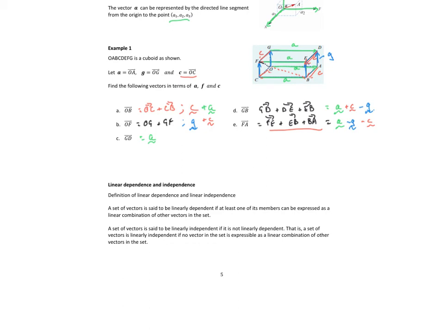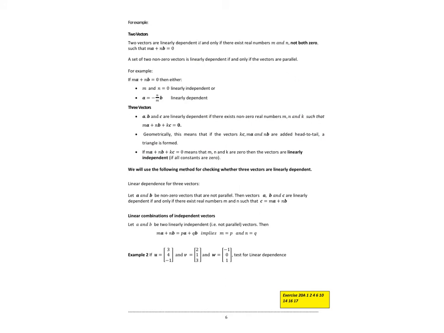All right. So where's a good example? Well, let's come straight down to example. So for example, two vectors are linearly dependent if and only if there exists a real number that MA plus NB is equal to 0. In other words, if I rearrange, A is equal to negative N on MB.